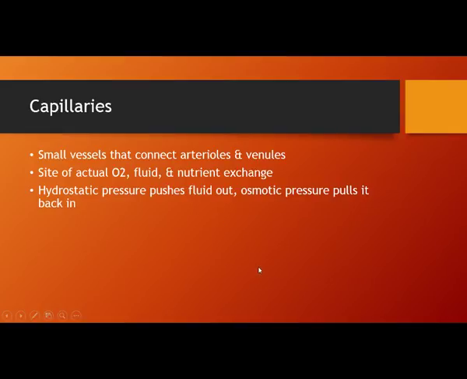If something causes your osmotic pressure to decrease, then you're going to end up having edema. What could cause osmotic pressure to decrease? Well, one of the main things is a problem with low protein. Albumin is one of the main things that contributes to osmotic pressure.